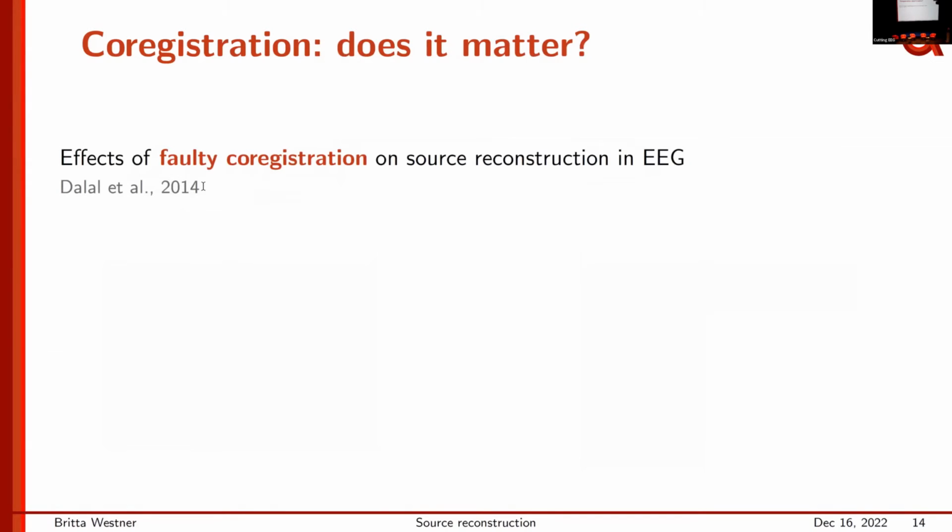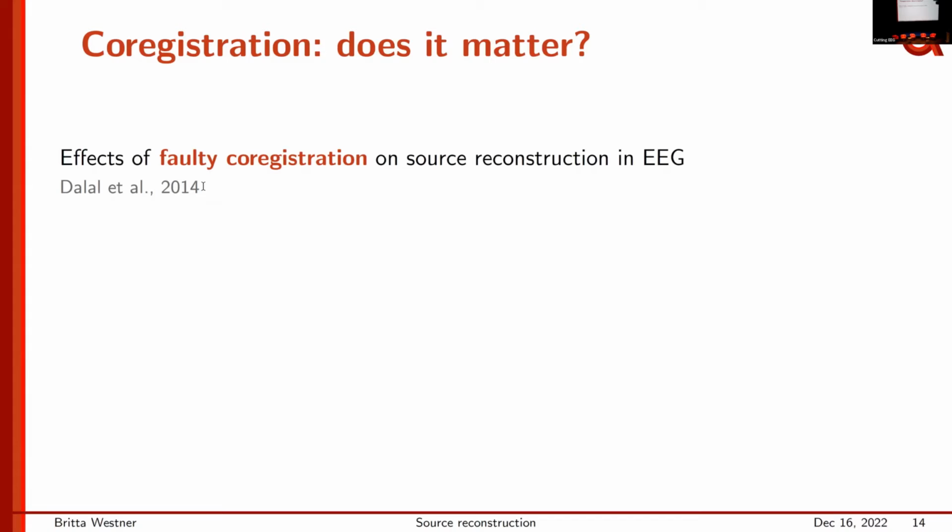So how much does this matter? It's sometimes a step that is a bit rushed in the lab. You quickly identify those 3 points with the hardware stylus that you use for it. But I always try to bring home the point that this can really make or break your source reconstruction.